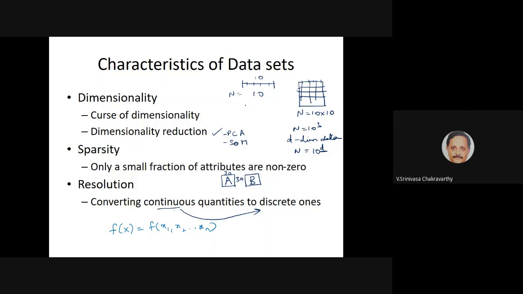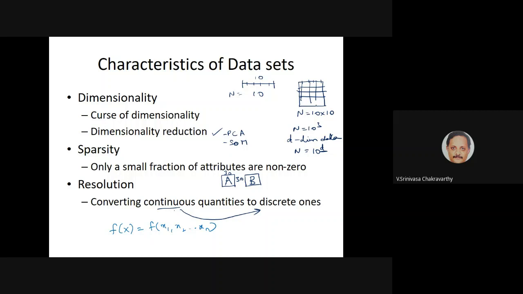Let me give an idea of why that is. Suppose your dimension is just 1, right, 1D. Let us say I want data at a certain resolution. Let's say for a unit interval, I want 10 data points or 10 samples. Then if it is 1D, I need 10 data points to fit my function fairly accurately. At the same resolution, if I have 2D data, then I'll have 10 by 10, that is 10 points in each dimension, right?